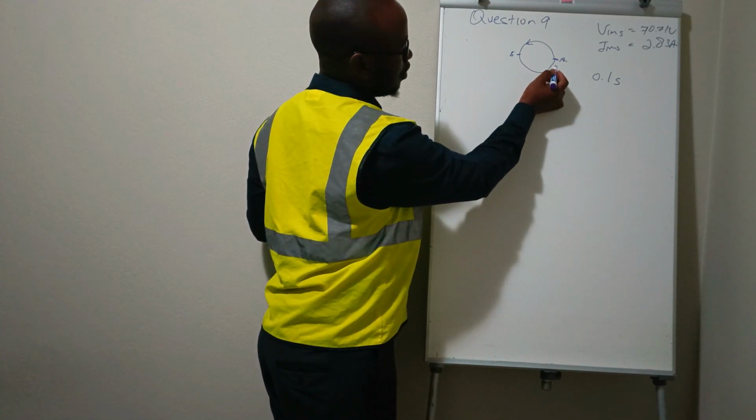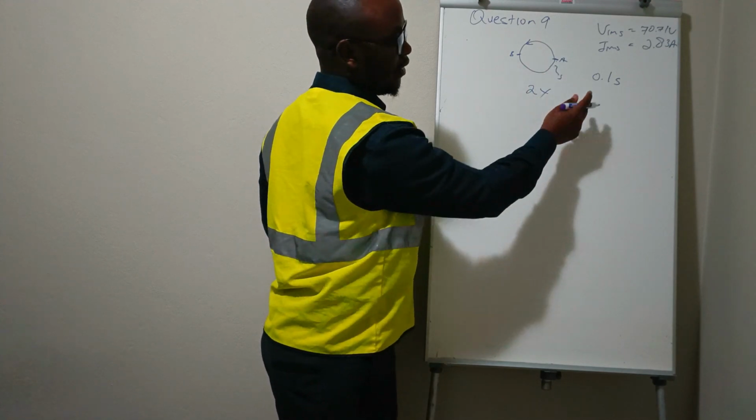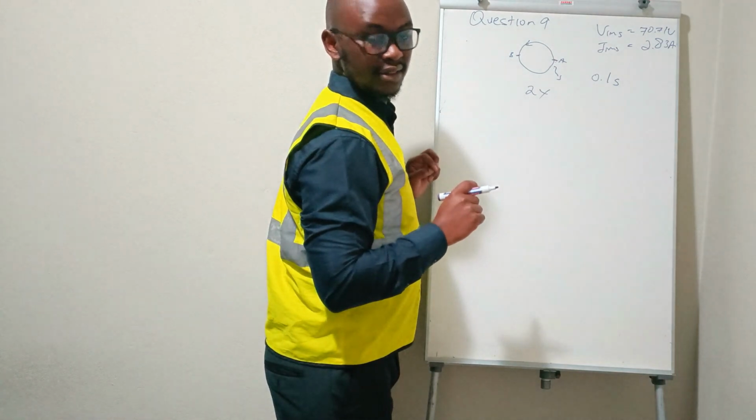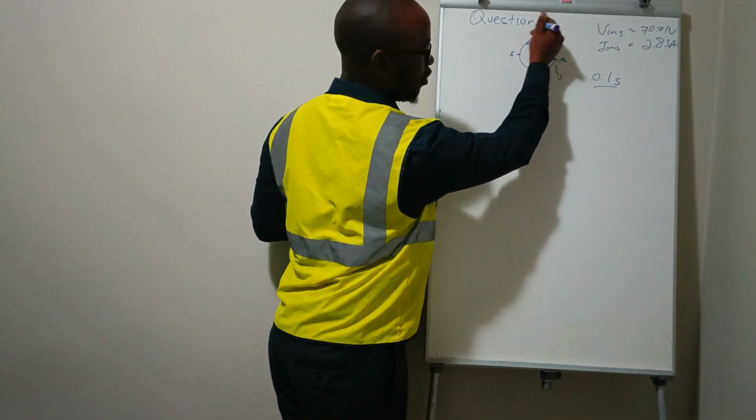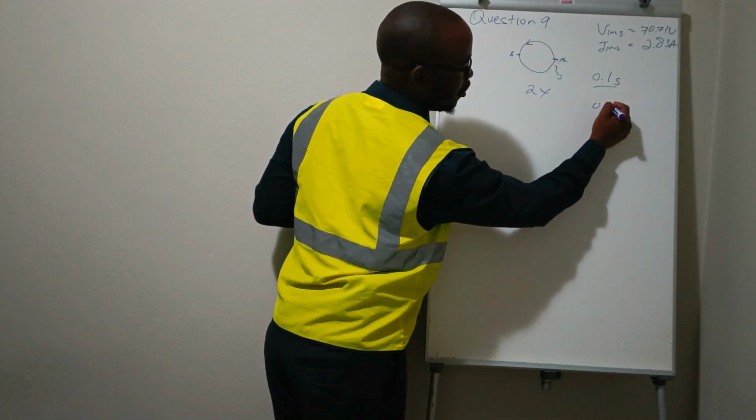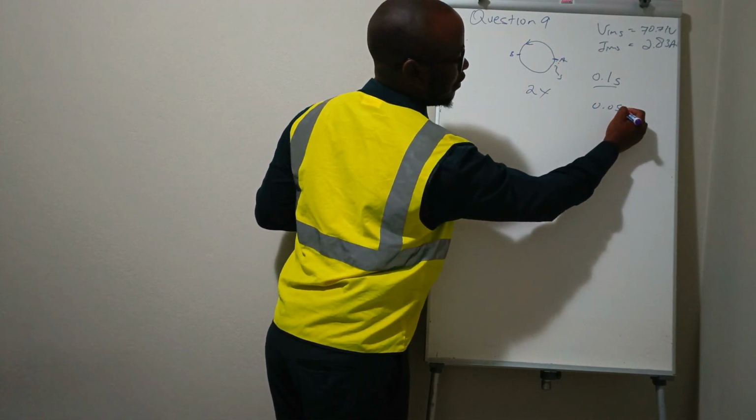It means we're going to get to this point again faster than the previous time. So we are going to go back to point A at 0.05 seconds.